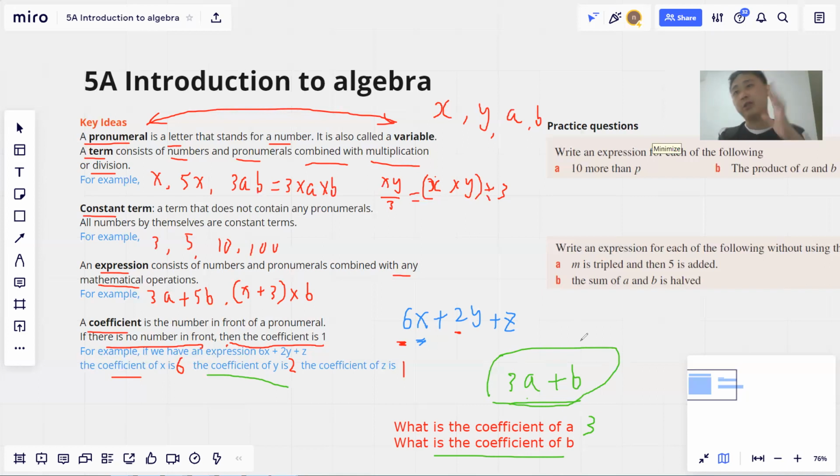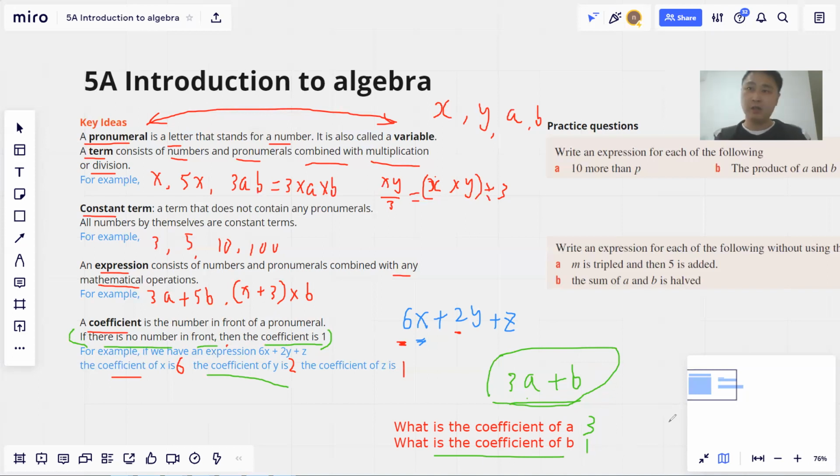Okay, that's okay. This is a new concept, so if you are confused, that's okay. Because b has only the letter by itself, there's no number in front. If there is no number in front, the coefficient is 1. So for b, it's only b by itself, so we just write 1.